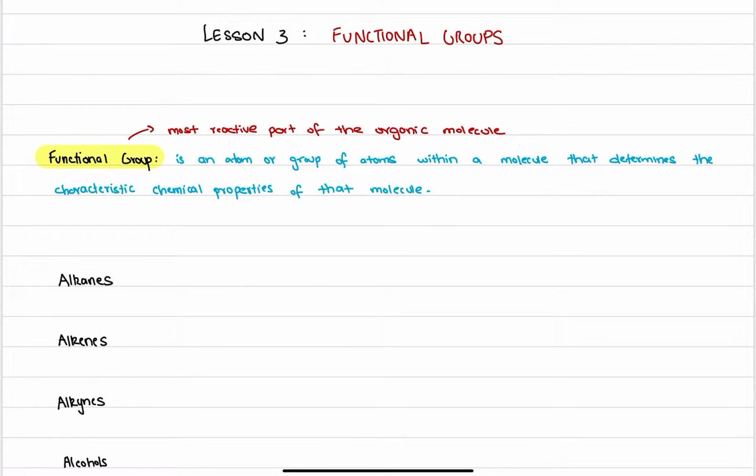So we have already seen the definition of functional groups in our previous video, which was basically that a functional group is an atom or a group of atoms within a molecule that determines the characteristic chemical properties of that molecule.